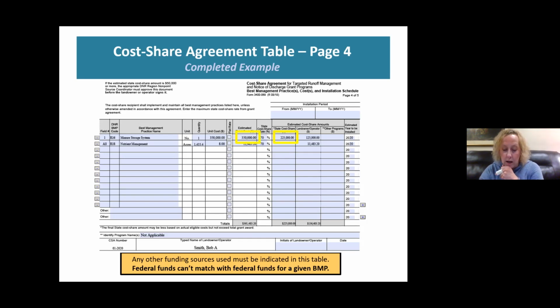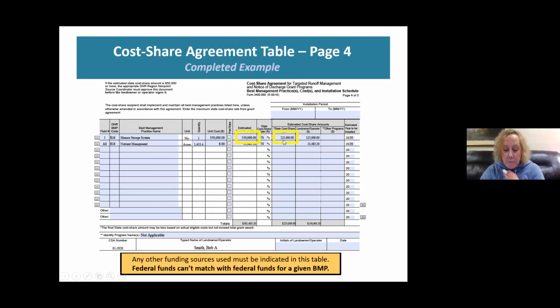However, it would normally be $245,000, but because this is a small scale TRIM grant, and the grant is capped at $225,000, the maximum grant award is that, and therefore the maximum amount of cost sharing that the landowner could receive is that grant award amount.